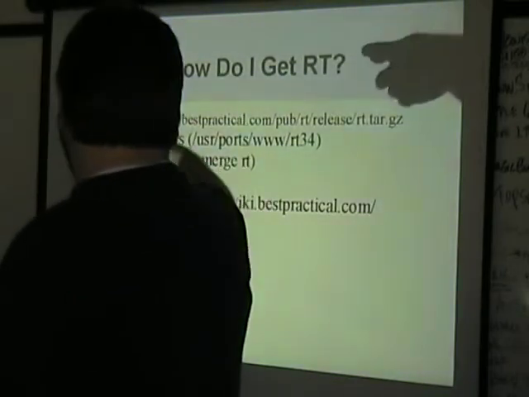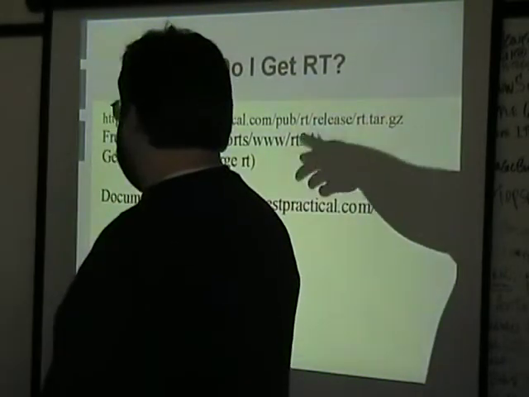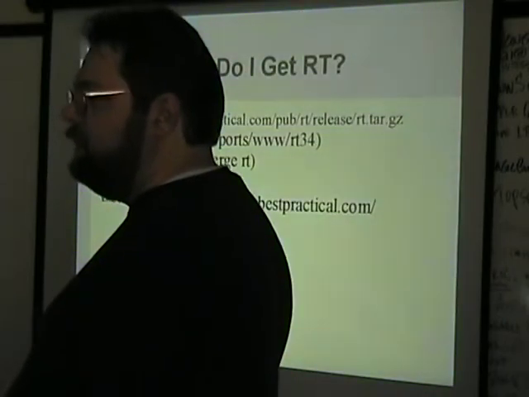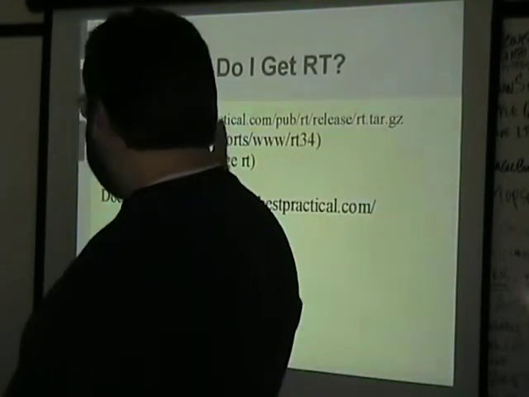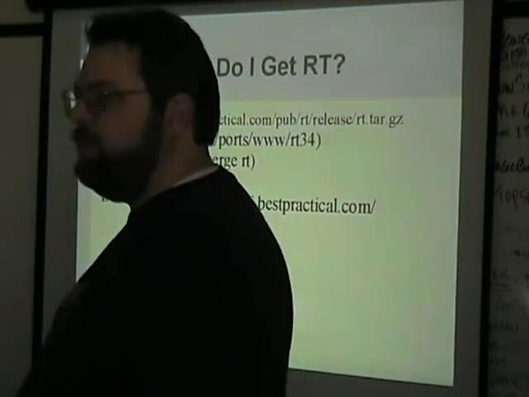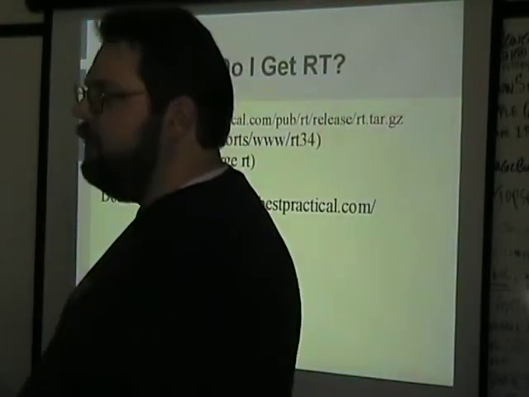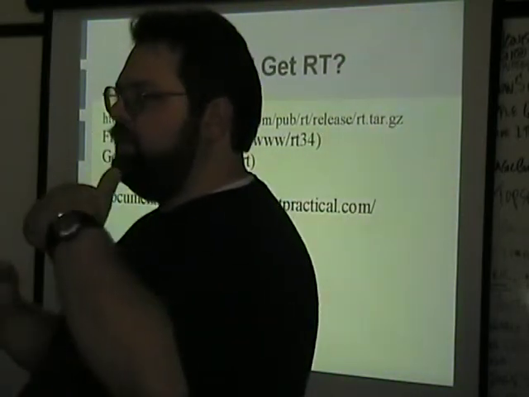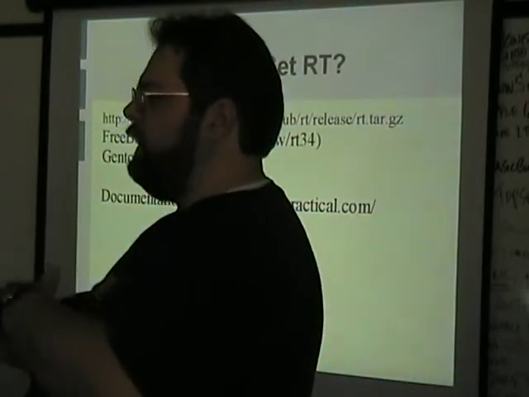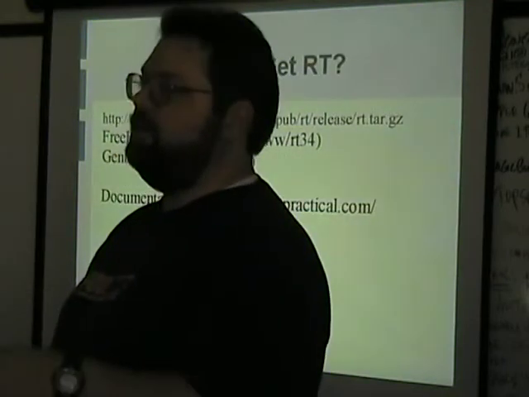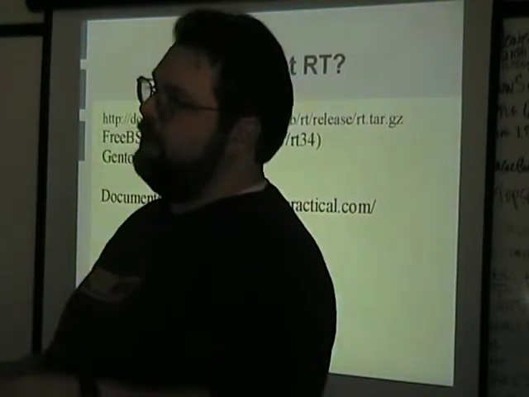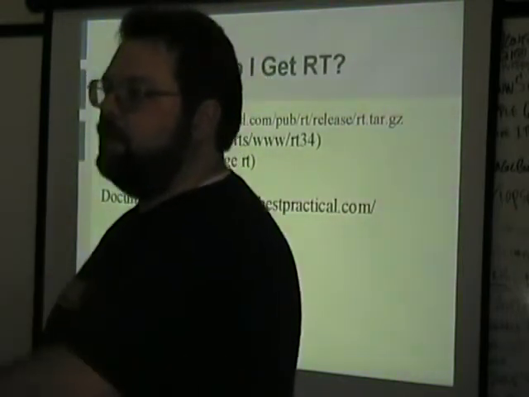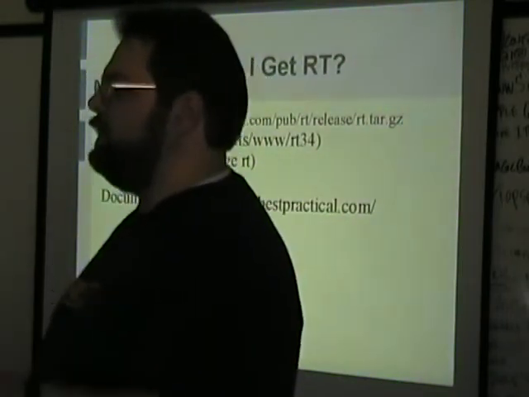Okay, where you can get it, we talked about this. What's not on here is that you can also get RPM installs of RT. The problem with RPM is the same problem that RPM has always had and will always have, which is the dependency nightmare, and you may not be able to find the right version of the right RPM for the right thing. And if you're doing this in a production environment, you may have to get some RPM that John Schmuck put together, and you may end up voiding your warranty on your support contracts for other software.